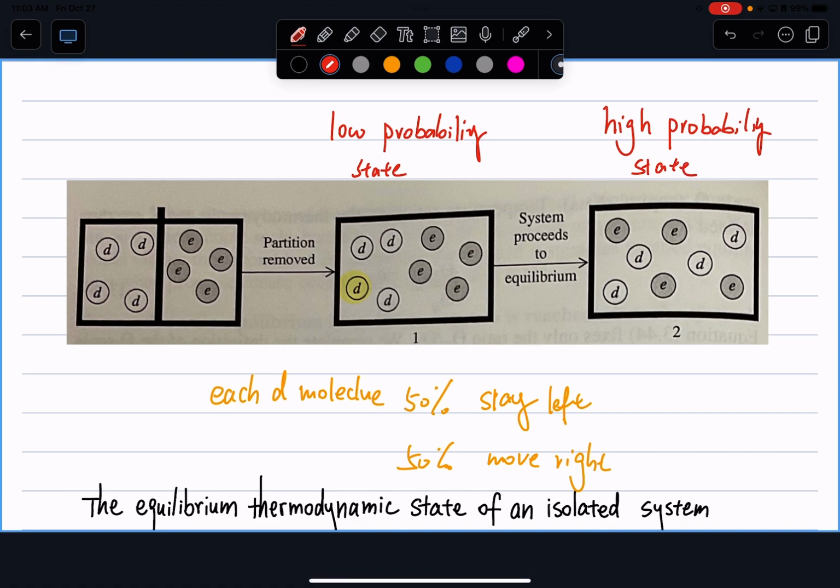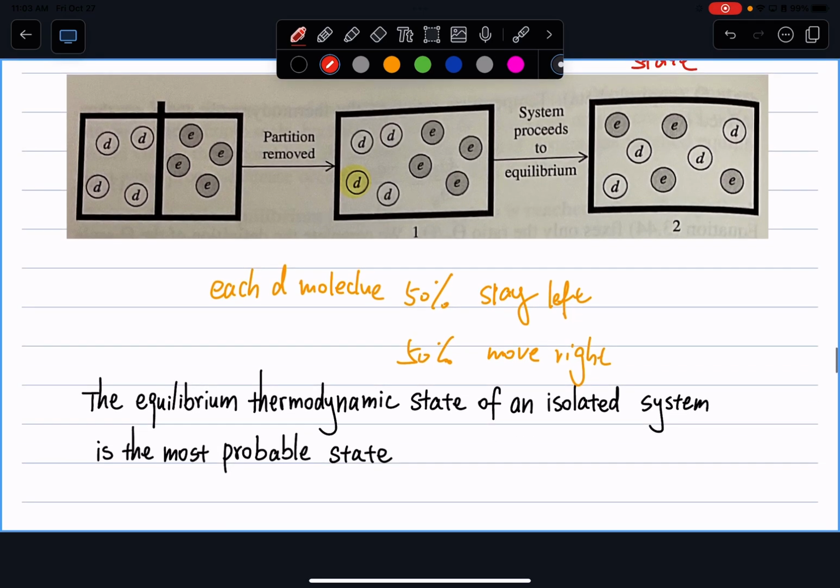Or the other way to put it: the equilibrium state of an isolated system is the most probable state. So a system at equilibrium is a system of highest probability.